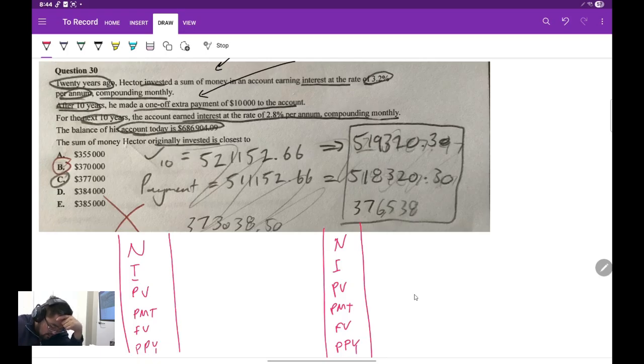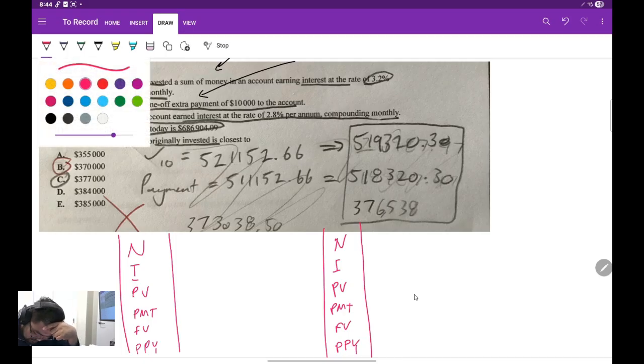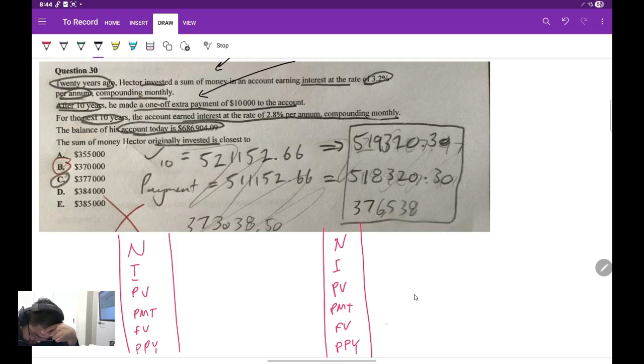686,904.09. So I'm going to put this in my current future value, 686,904.09, because that's what he's finishing up with. Now I'm going to put it as a positive value because it's an investment and he will be paid that particular amount. Now, the payments, we don't know yet. PPY looks like it's compounding monthly and compounding monthly.